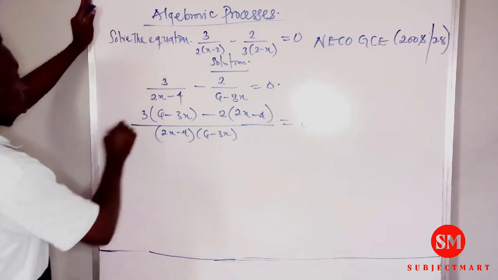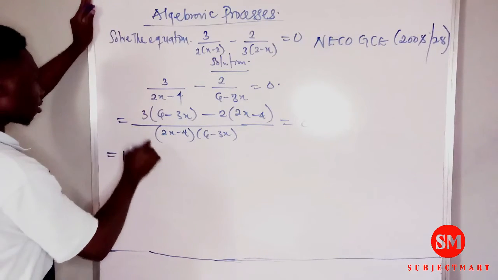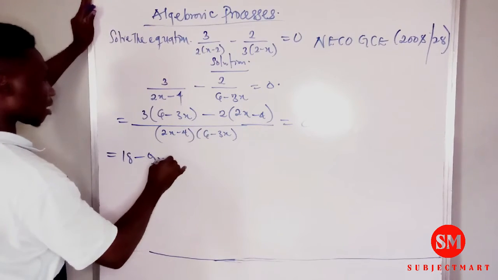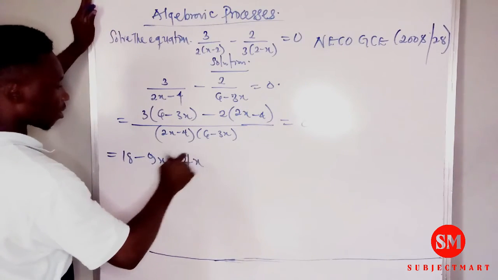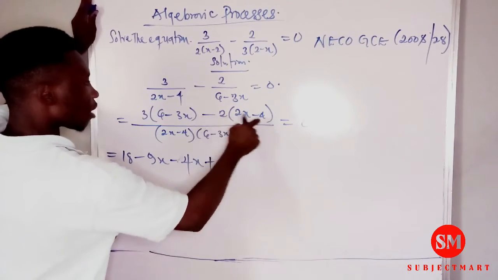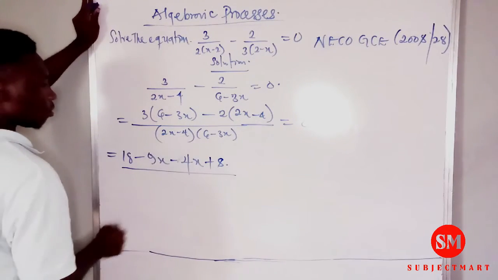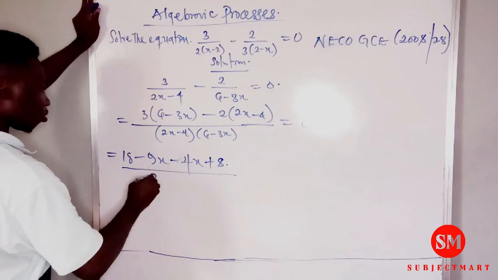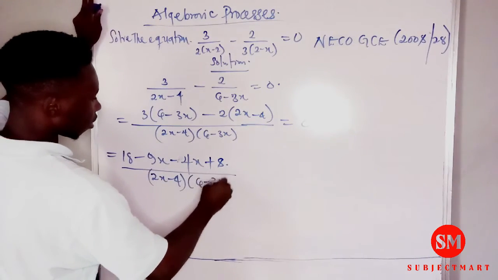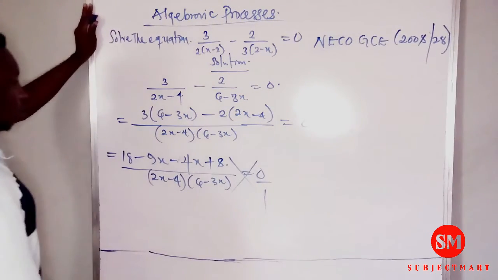So expanding it becomes 3 times 6 gives us 18, minus 3 times 3 gives us 9, minus 2 times 2x, that gives us minus 4x. Yes, minus 1 times minus gives us plus, 2 times 4 gives us what? 8, all over our denominator, which is 2x minus 4 close bracket 6 minus 3x, don't forget it is equal to 0 over 1.